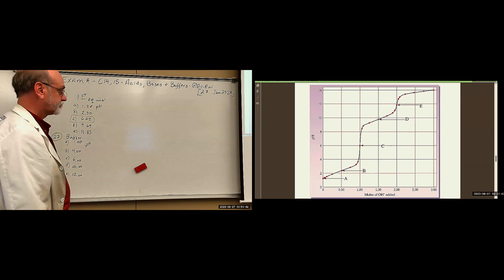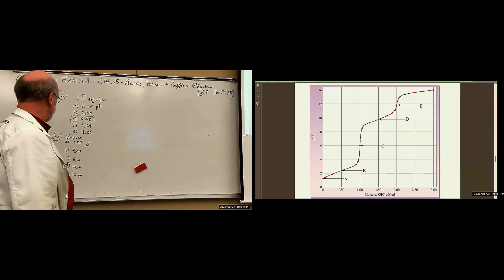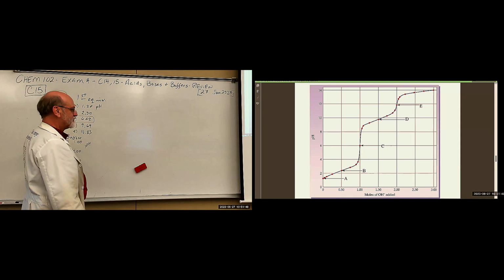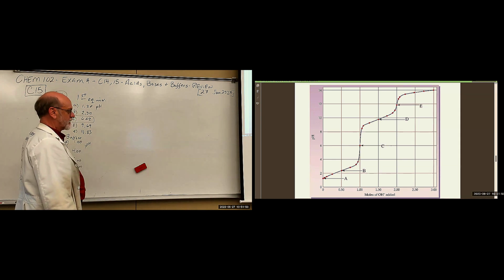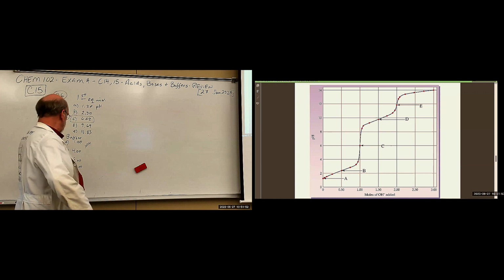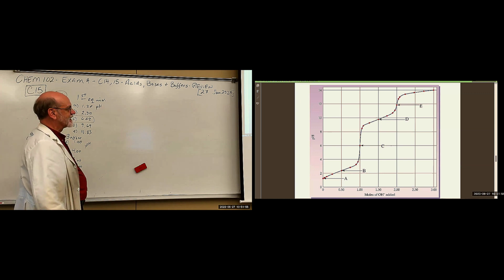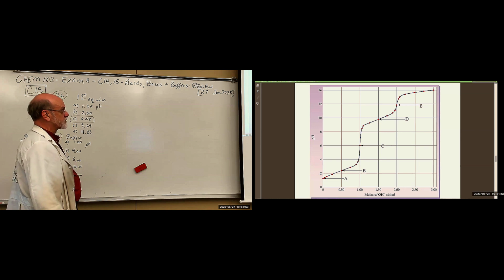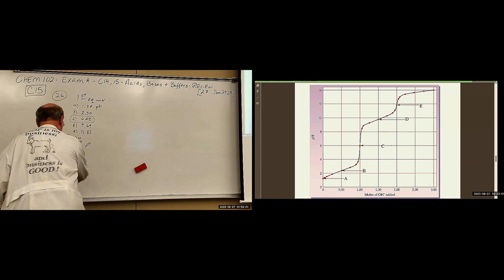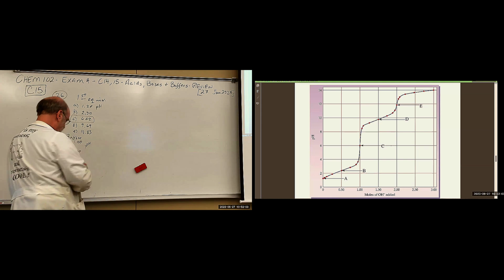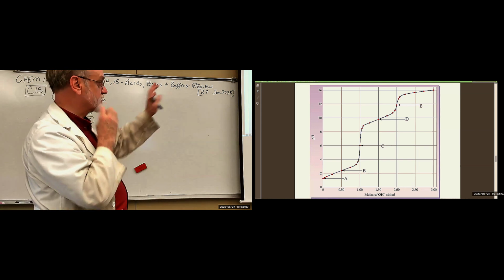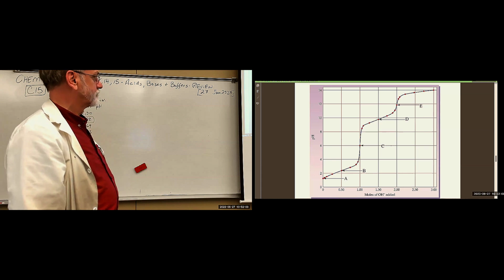Okay. Best buffer. What do we have to choose from? 1? No, I don't think so. 4? No, 4 is past the first one. 6, that's equivalence. 10 looks good. 12 is too high. 12 is the second equivalence. So 10 would be the best choice for buffer out of this molecule.